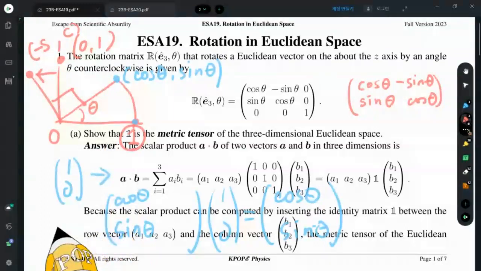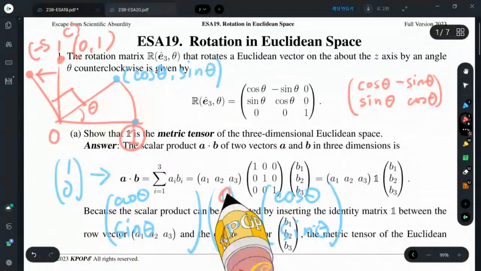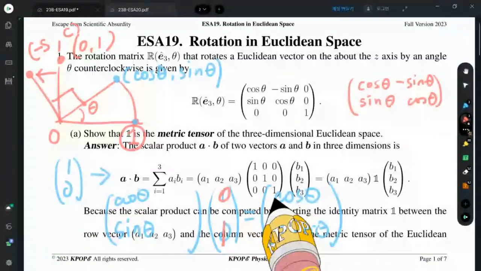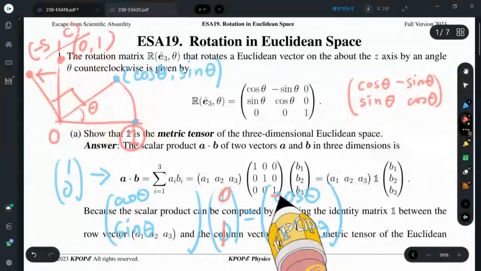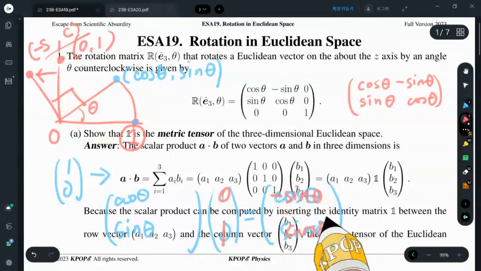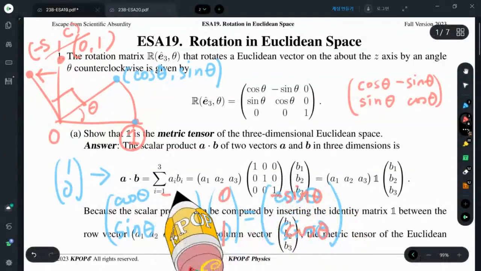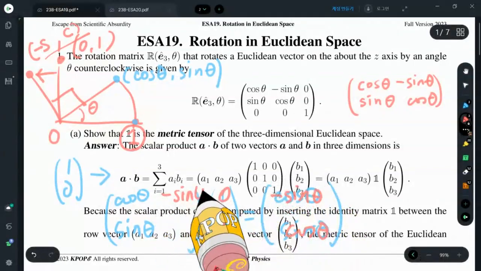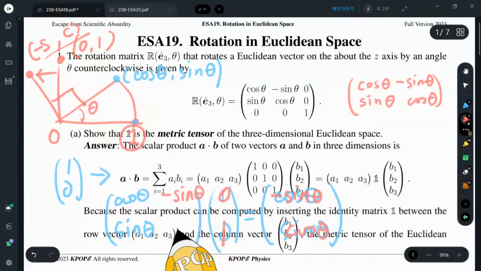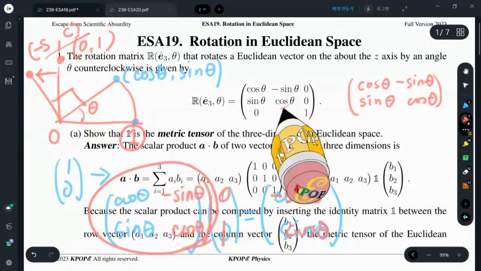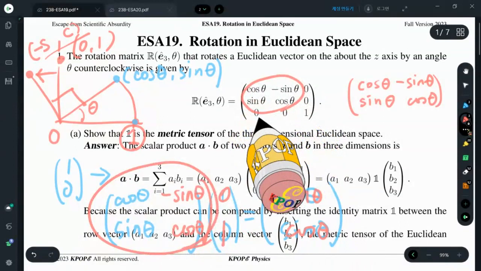So if you multiply 0, 1, your answer should be minus sine, cosine. So you copy this one in the second column. And as a result, you can recover this 2 by 2 rotation matrix.